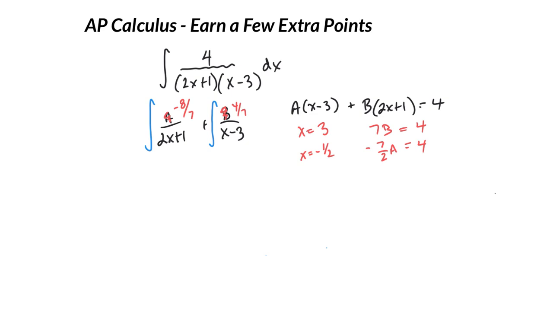When you get to the spot right here where you're ready to actually integrate it, you'll pull your -8/7 out front and have 1 over 2x plus 1. You'll pull your 4/7 out front and have 1 over x minus 3. For sure, this is the antiderivative. But this too makes a difference. When you integrate, you will have to not only have that -8/7 out front, but a 1/2 to offset the 2x plus 1 in your denominator.